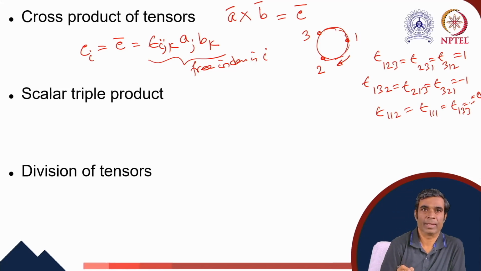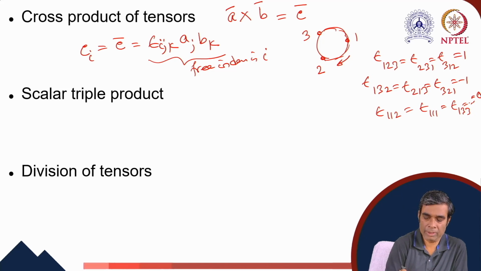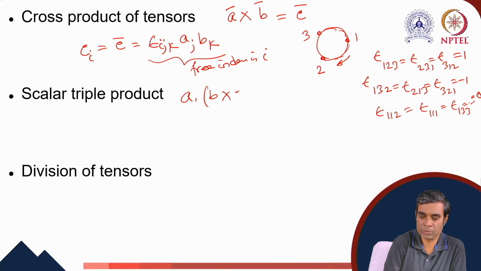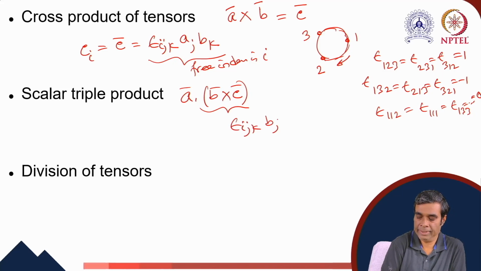Next, we define the scalar triple product. If we go to vector calculus, we know about the scalar triple product A dot B cross C. B cross C can be written as epsilon_ijk b_j c_k. Now this is a vector quantity with one free index, that is i, and we shall take the dot product of this vector with the vector A_i.